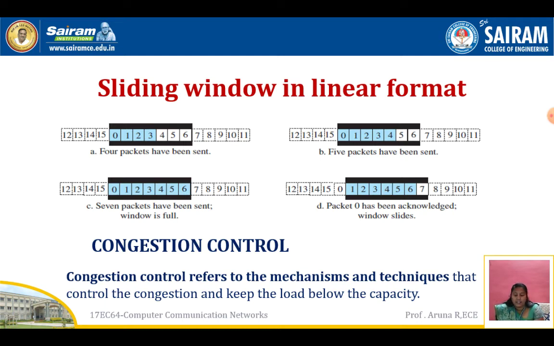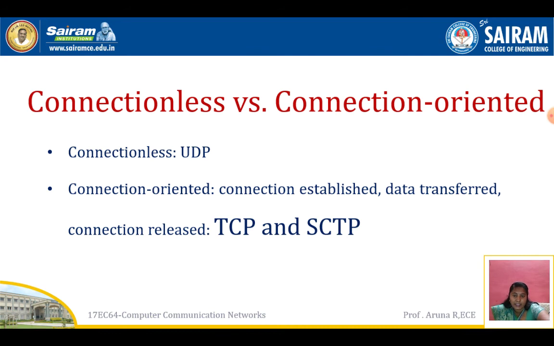Unreliable means it doesn't guarantee successful transmission of the data and doesn't implement any error control or flow control mechanism.